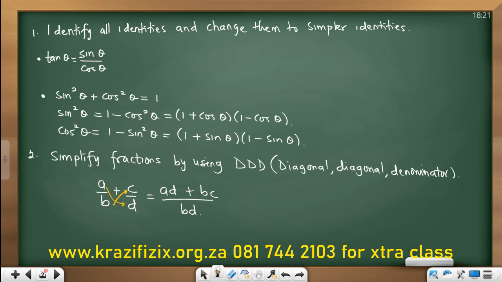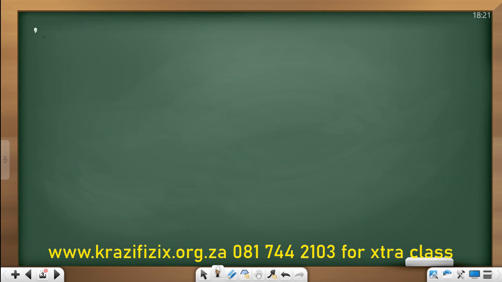All right, number 3. Watch out for trinomials. It's not really common in grade 11, but it's something you need to be prepared for. Be able to simplify your trinomials. What do I mean by trinomials?